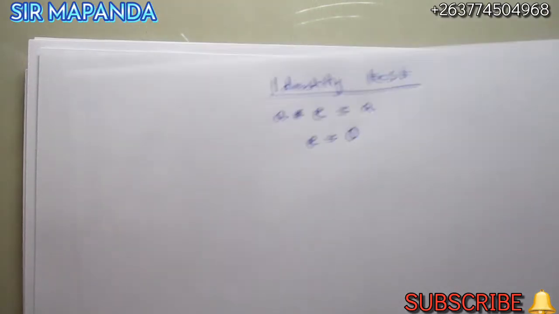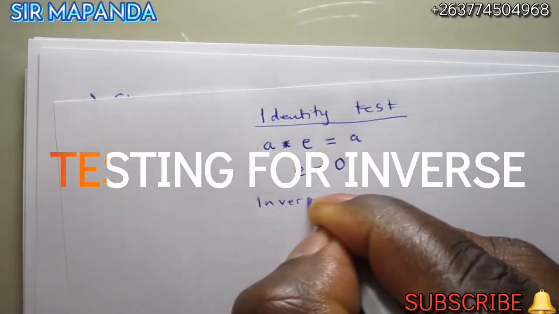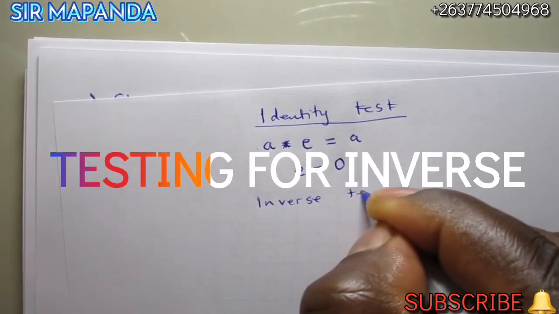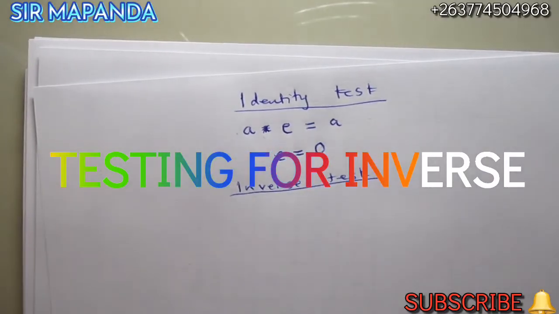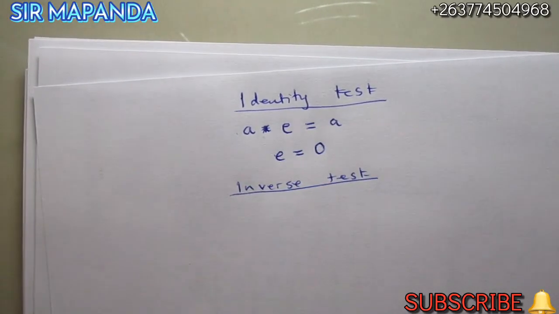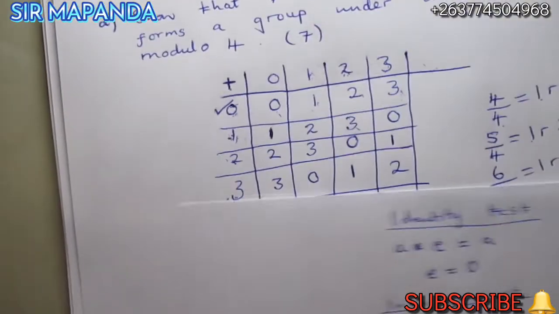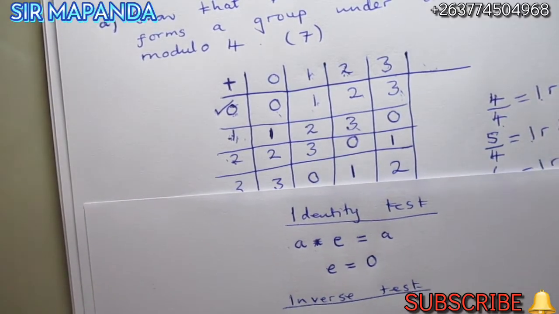We are now moving on to the final stage, which is the inverse test. I hope you are following, class. For a group to be satisfied, the axiom of inverse must be satisfied. So I'm going to find the inverse of all the numbers in the set.